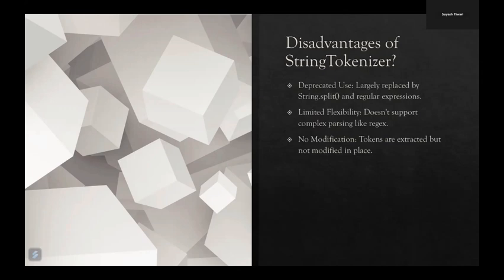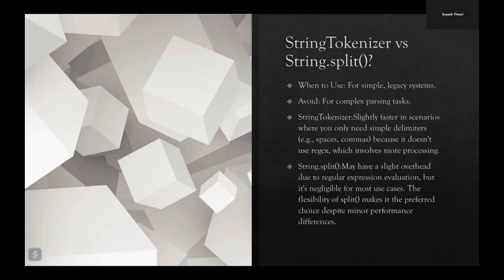The third one is no modification, that is, tokens are extracted but not modified in place. Once we split a string using a string tokenizer, we cannot modify the tokens using that. So these three were the biggest disadvantages related to the string tokenizer method.